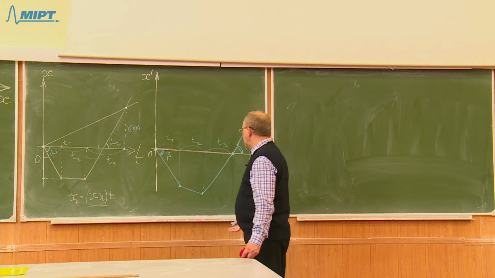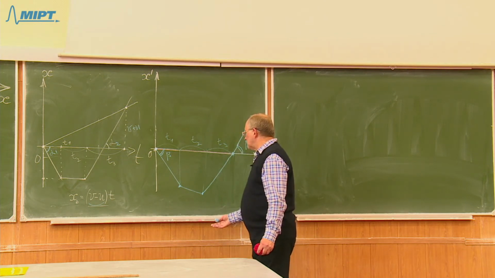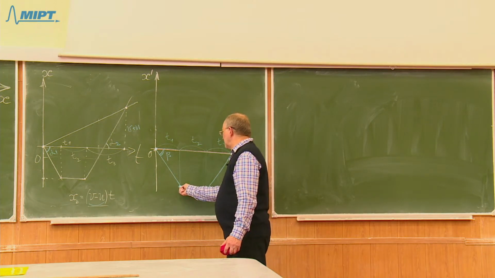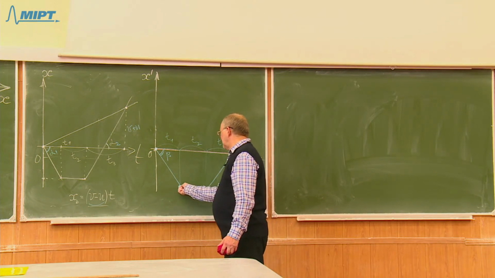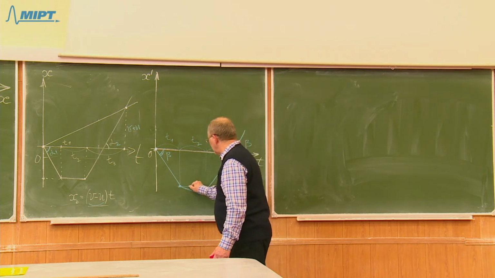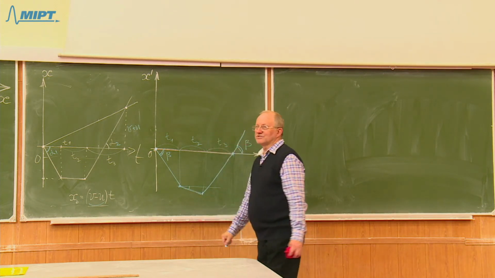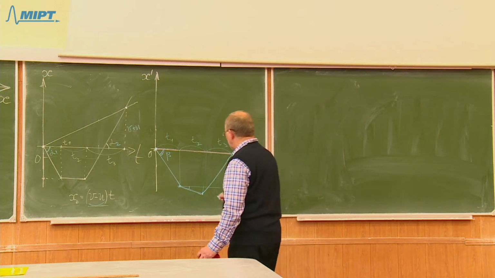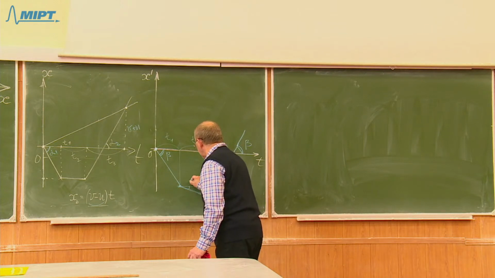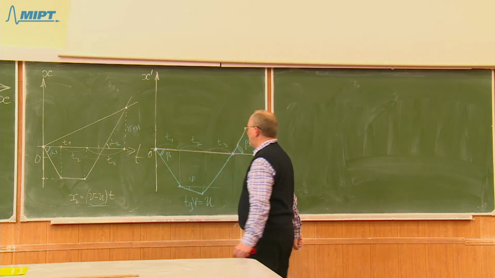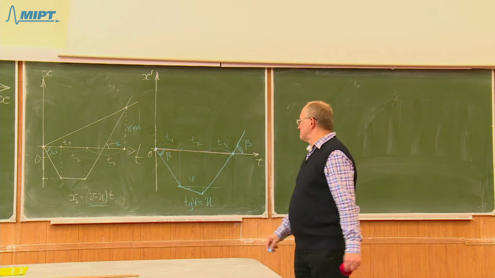And where is the river flow velocity here? That's it. The river flow velocity will be the tangent of this angle. So the tangent of this angle, let it be phi, will be equal to the velocity of the river flow.